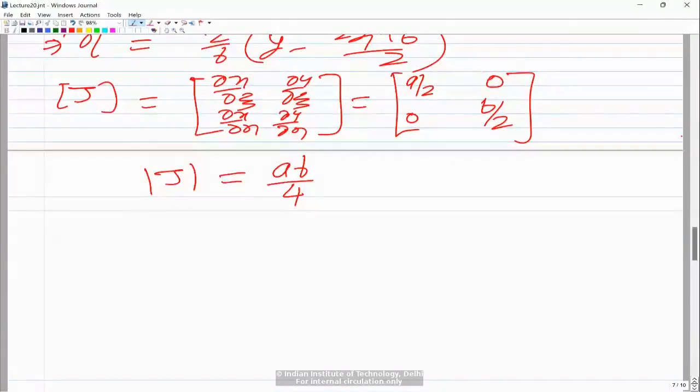And if you look at the inverse of the Jacobian matrix, J inverse, how do we calculate it? We divide by the determinant of J, and this is a 2 by 2 matrix.